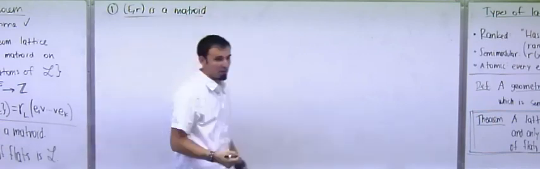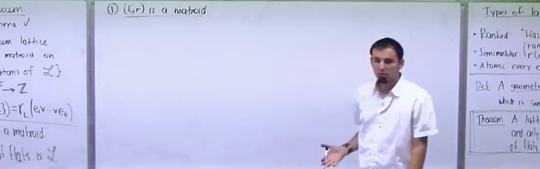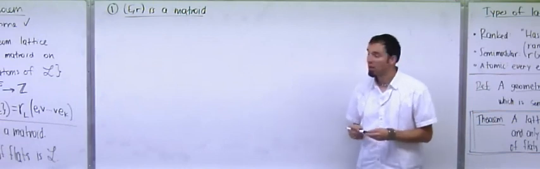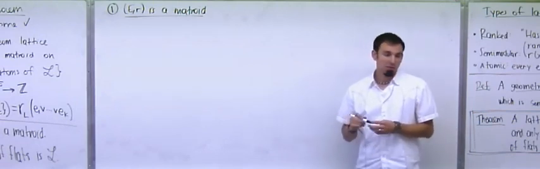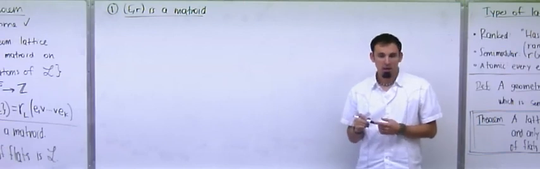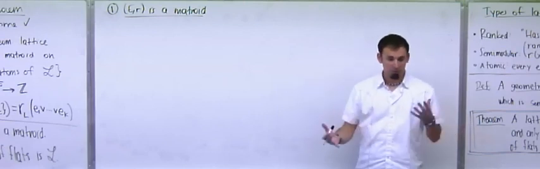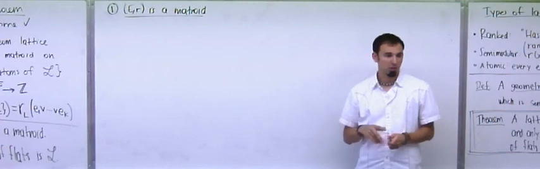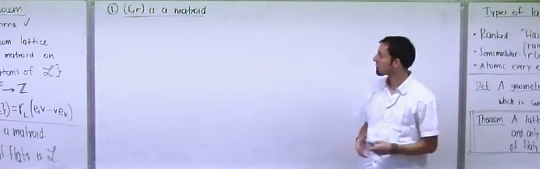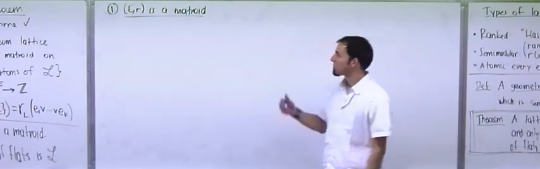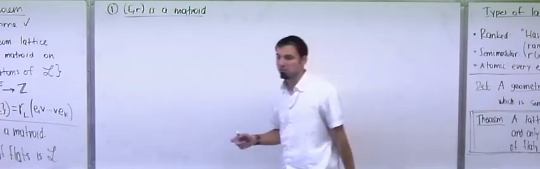To show that this is a matroid, I basically have to show that it satisfies the rank axioms, right? And we're lucky that you guys did your homework, and we have an alternative statement of the rank axioms. You guys showed that either you show the global rank axioms or you show the local rank axioms, and they're equivalent to each other. And it's going to be useful for us to show the local axioms in this case.